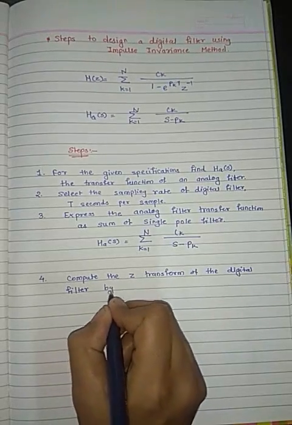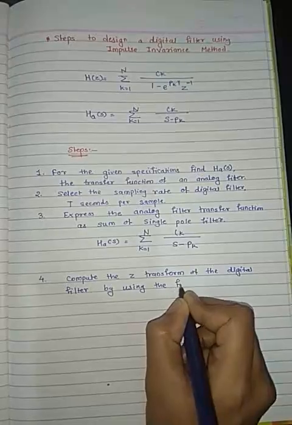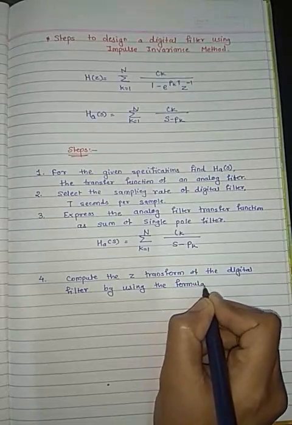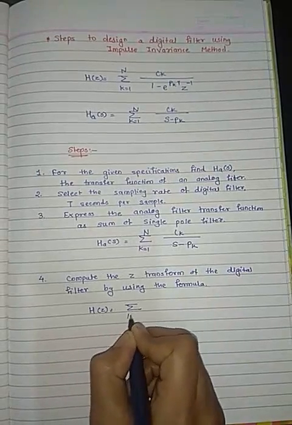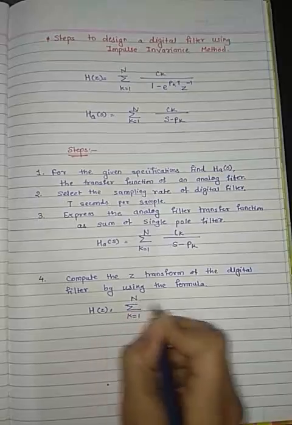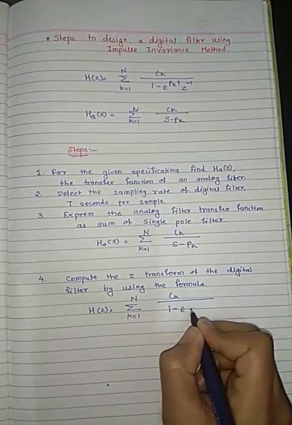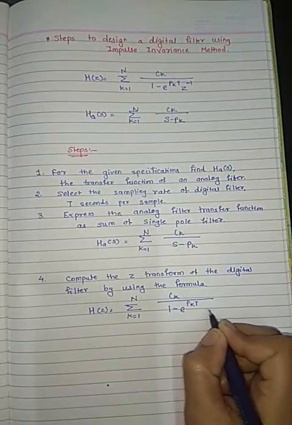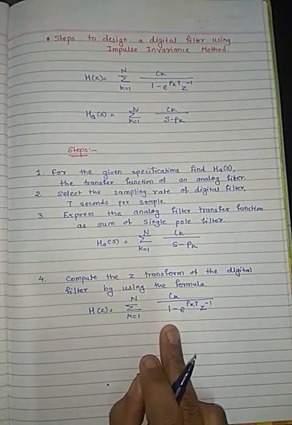by using the formula H(z) equal to the summation from k equal to 1 to N of ck divided by 1 minus e raised to pk T z raised to minus 1. This is the case when the sampling rate is low.